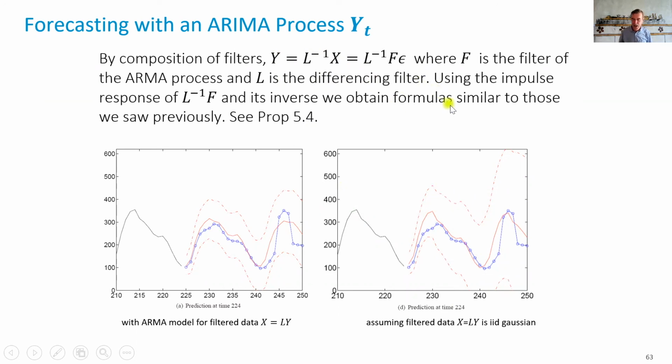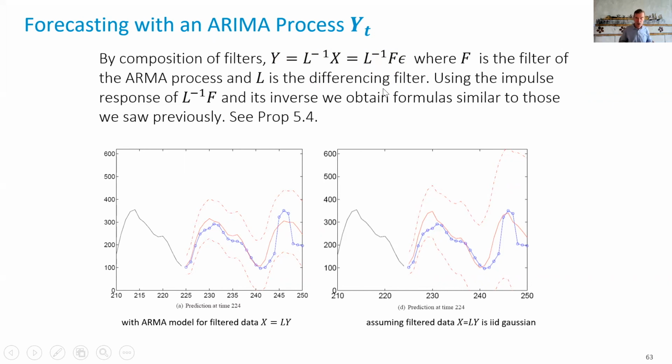Well, exactly the same method is applied once I have modeled X as an ARMA process, because modeling X as an ARMA process means I filter one more step in order to get epsilon. And therefore, Y is equal to L minus 1F epsilon. So what I did from X to Y, I can do equally well from epsilon to Y. I know how to predict the epsilon.